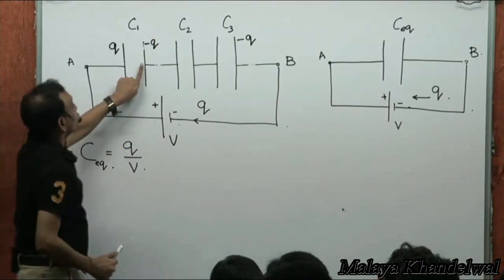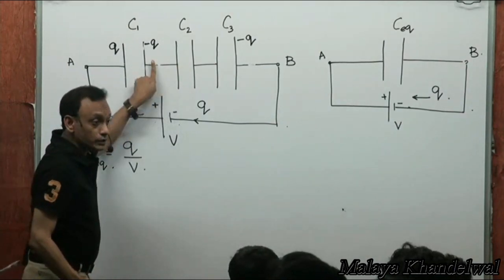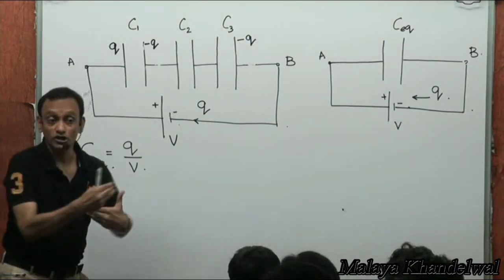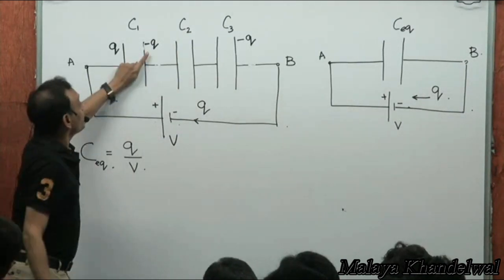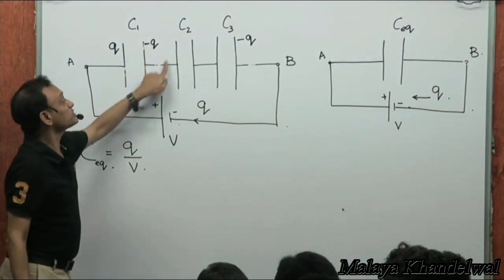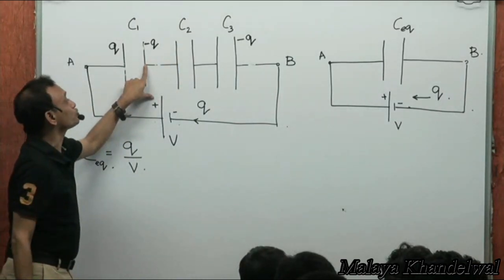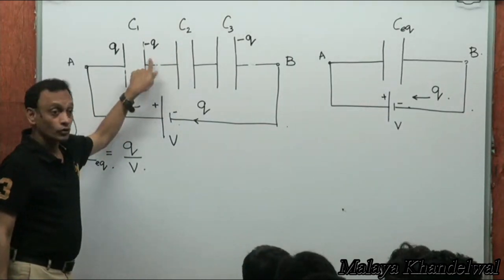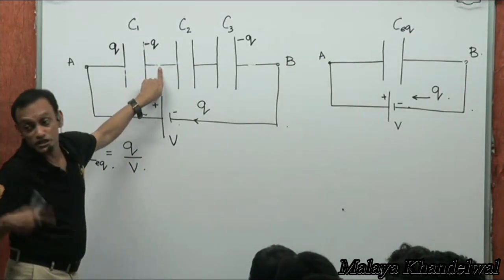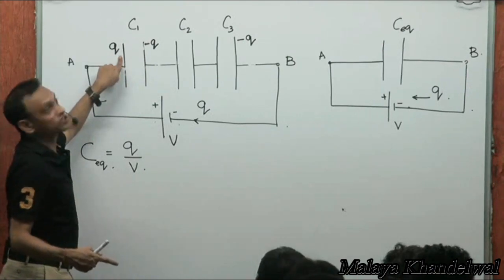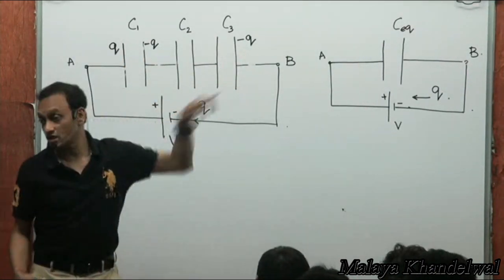Now, these two plates are electrically talking to each other, right? They can exchange charge. Together they were electrically neutral. Now if a minus Q appears here, it must be because there is a plus Q there to maintain electrical neutrality between these two plates, right? These two plates will only exchange charge with each other because they are physically connected. This plate can't directly talk to this plate in terms of exchange of charge.